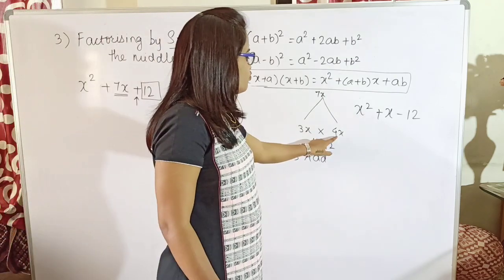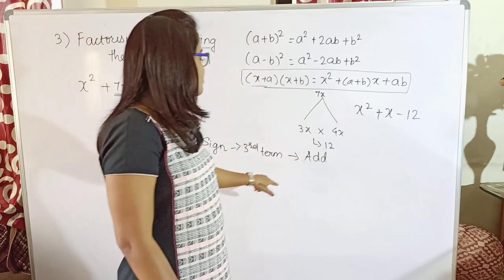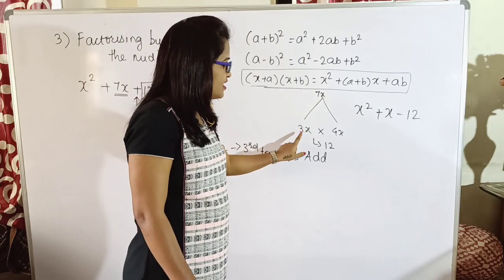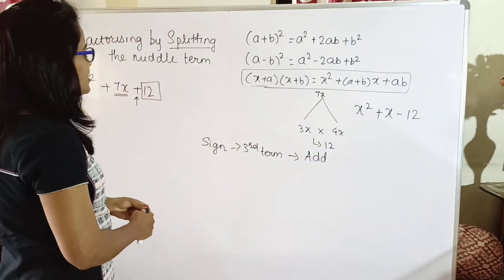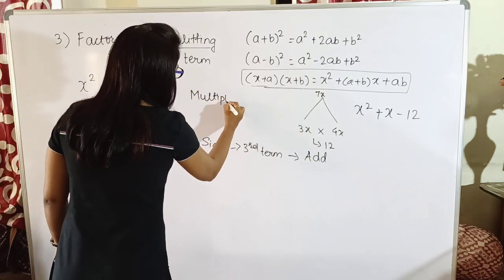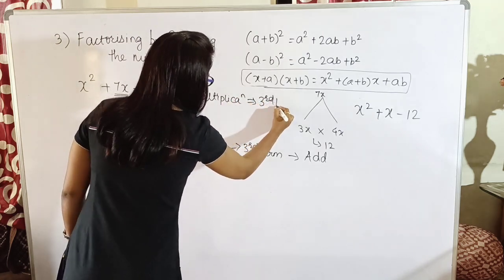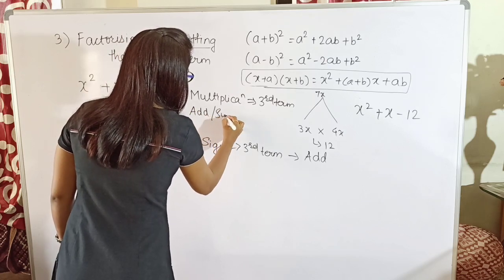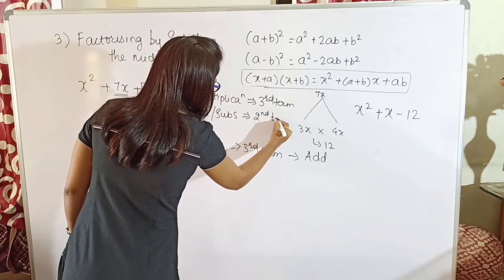Why? Because 3 into 4 gives me 12, and also when I add 3 plus 4, I will be getting 7x. Whatever factors you are taking, they have to be chosen in such a way that their multiplication is equal to the value of the third term, whereas their addition or subtraction should be equal to the value of the second term.